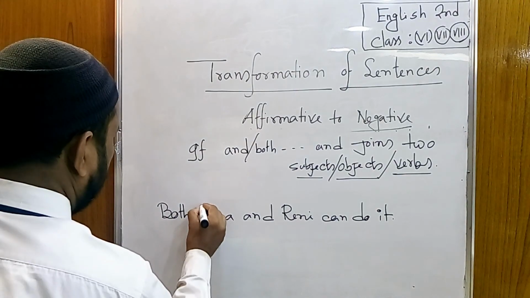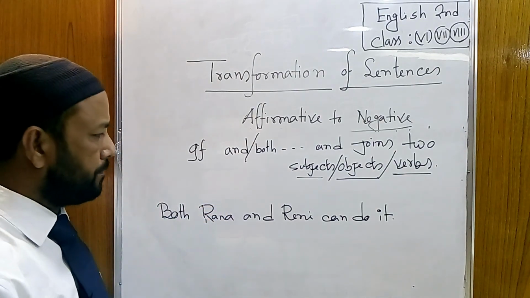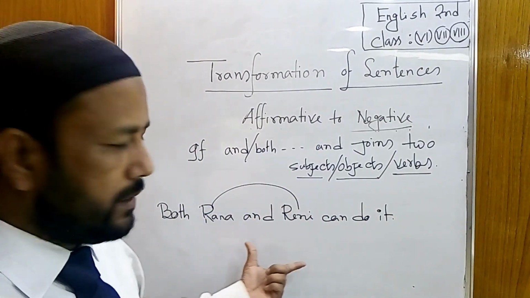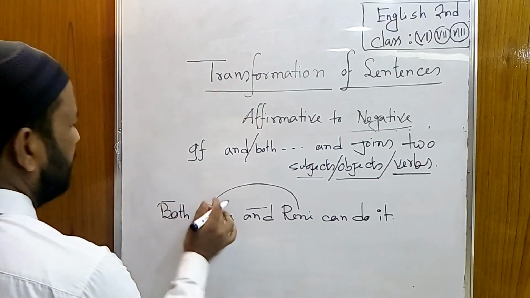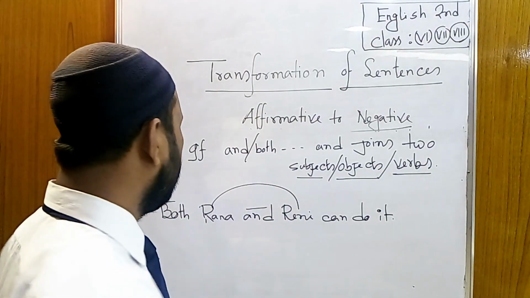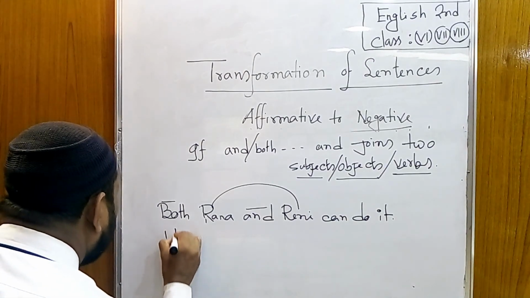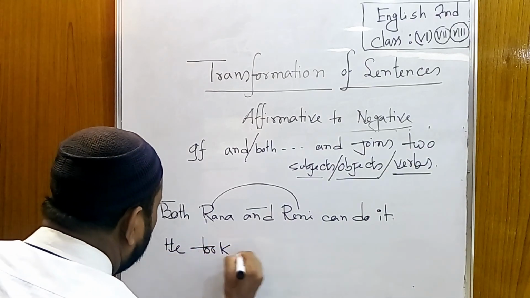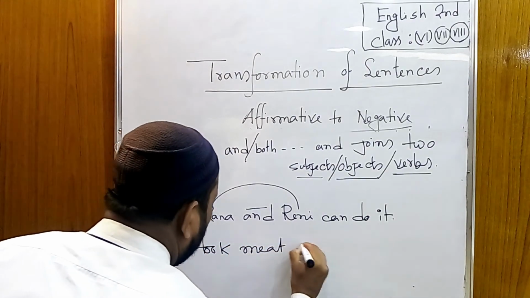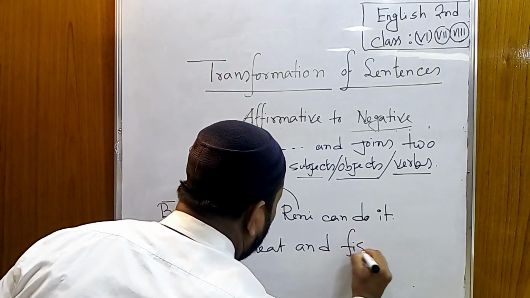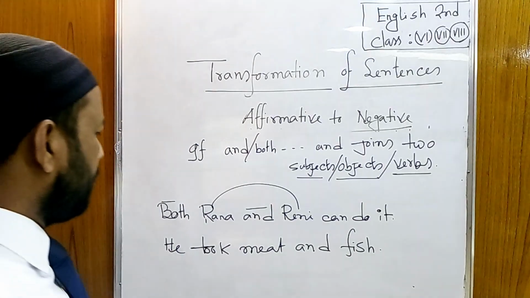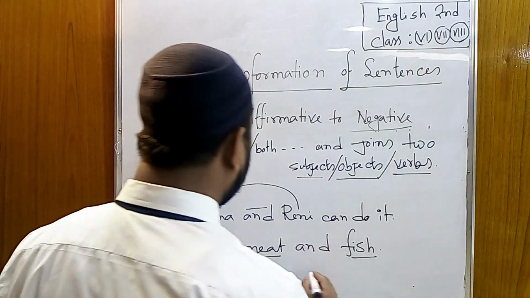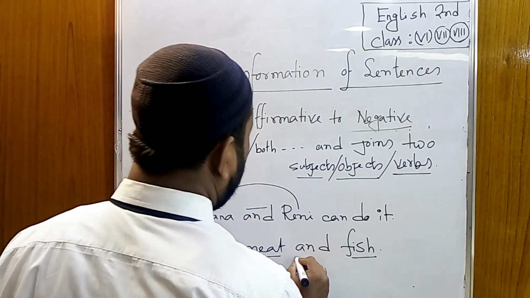Both Rana and Roni can do it. In this example, you can see Rana and Roni are two subjects. These subjects are joined by both and. The second example, you can also see meat and fish are objects, and these objects are joined with and.